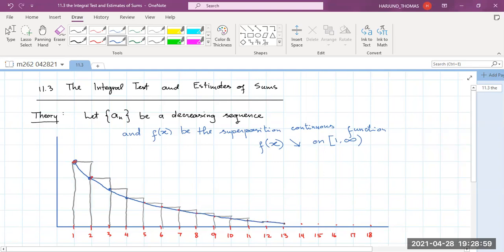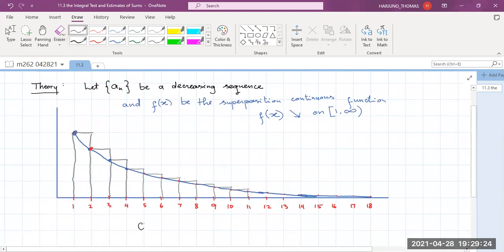Now, notice that because the function is decreasing, the total area of those boxes is greater than the area under the curve from 1. Observe that the integral from 1 to infinity of that function is at most equal to the infinite sum of the sequence, right?